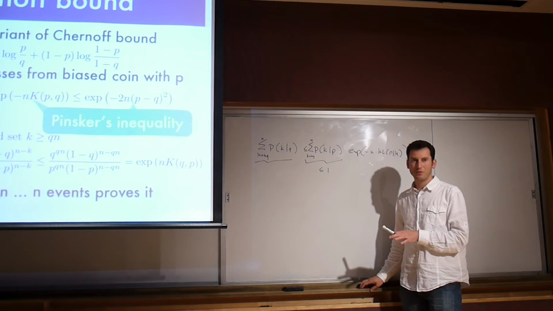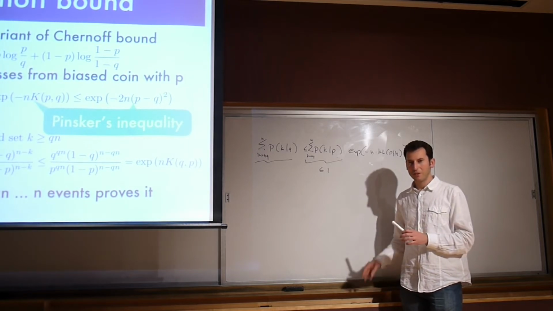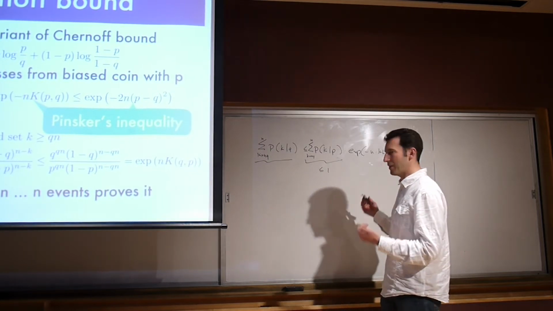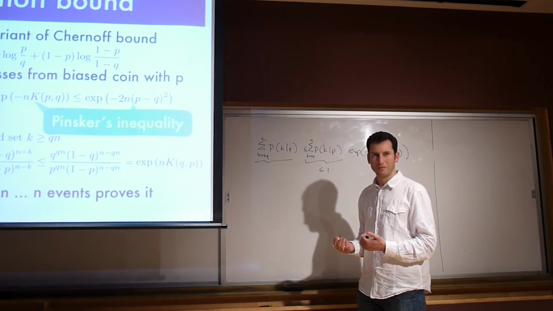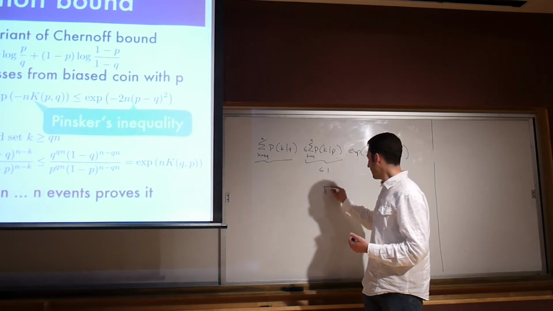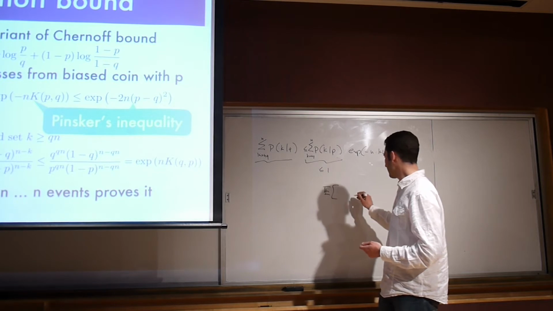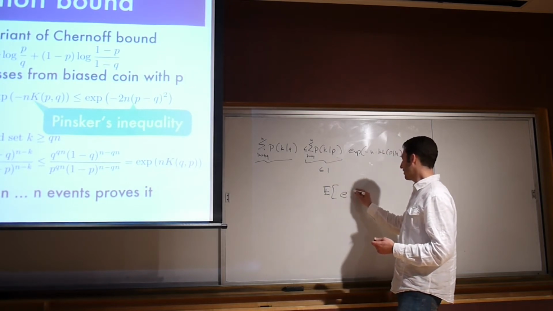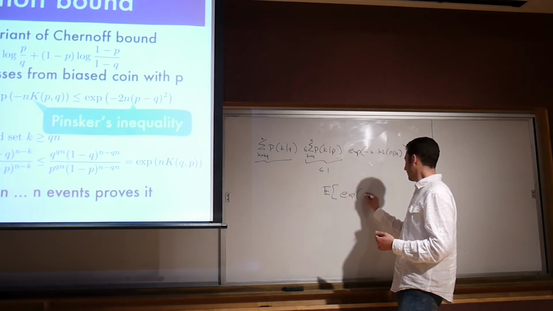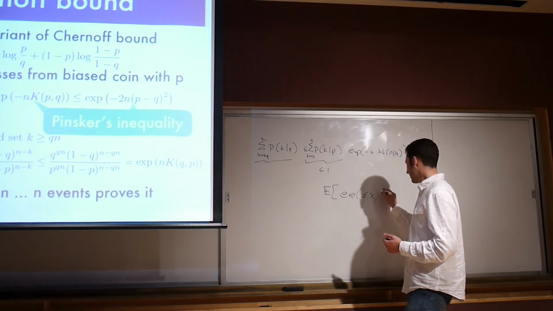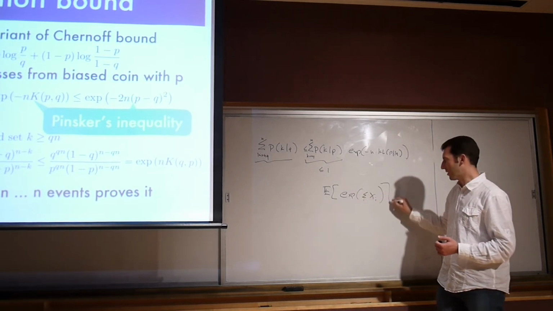You can also prove it by a very different trick, where you take the expectation of the exponential of a random variable. The way you would probably have seen it is by taking the expectation over x of the sum over i of xi, and then using Markov on that.